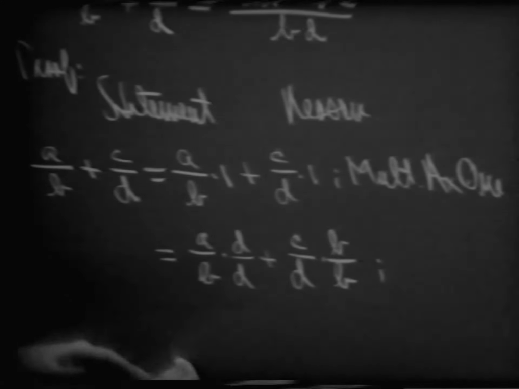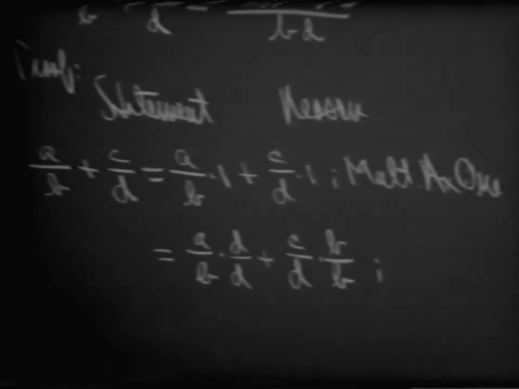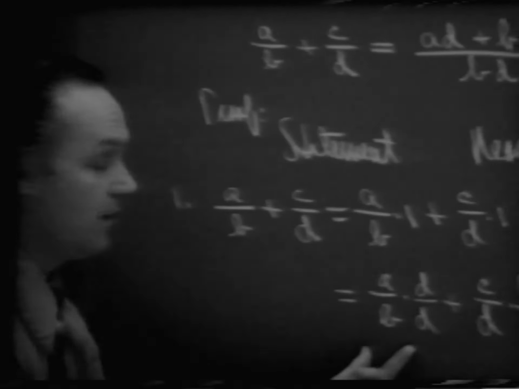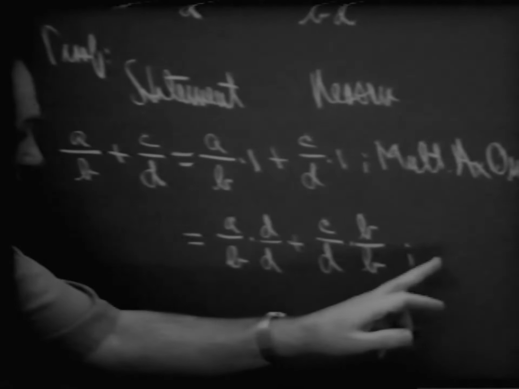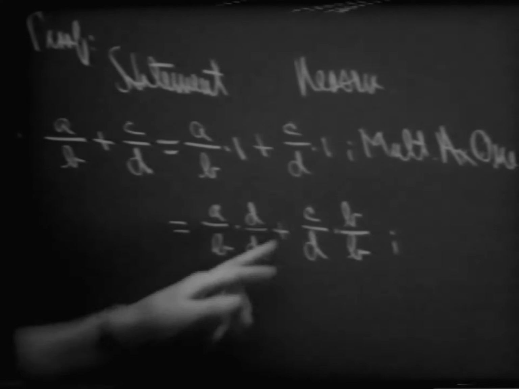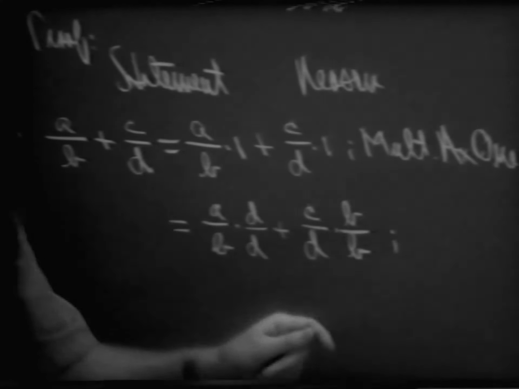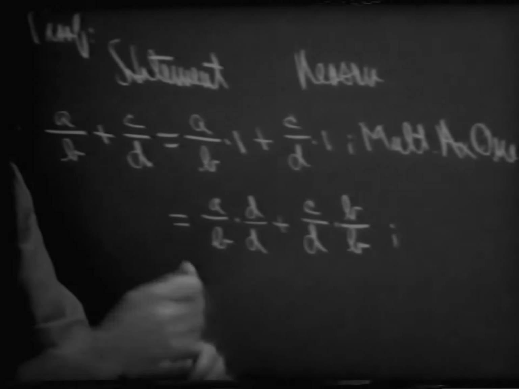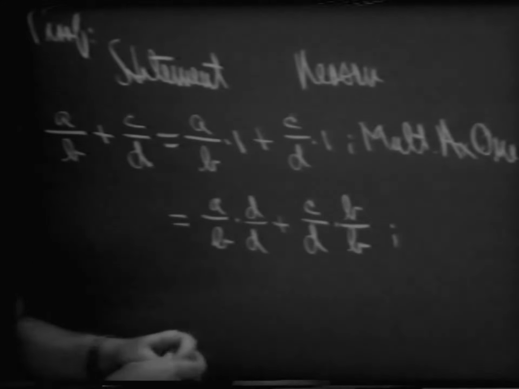Of course, the purpose in doing this is to get back to the first theorem that we have just used, in which now here we have the same denominator, namely bd. What's our reason for saying this, by the way? Let's see, we have 1 is equal to d over d, and 1 is b over b. What then would be our reason for that? Perhaps we could use what property there, Tim? Substitution.